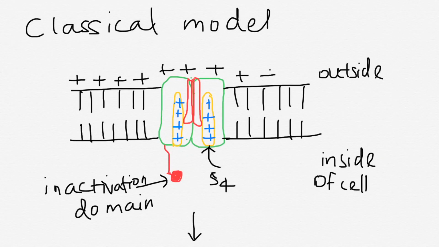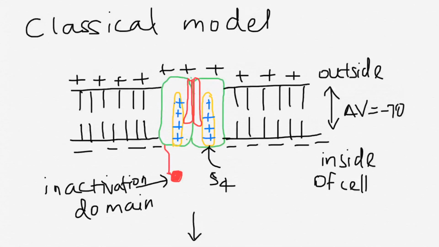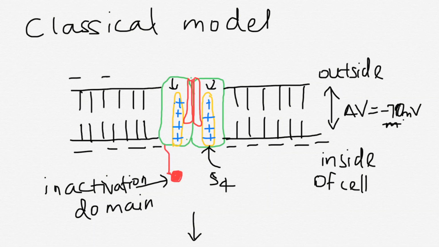The outside of the cell is usually more positive than the inside, which gives us a potential difference, usually taken as negative, and the magnitude can depend on the cell type and the environment. Now the positive charge outside repels the S4 alpha helix and it stays towards the inner part of the plasma membrane.